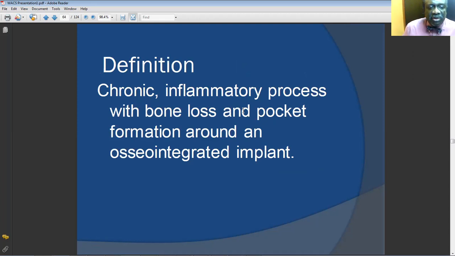The definition of peri-implantoclasia or peri-implantitis is a chronic inflammatory process with bone loss and pocket formation around an osseointegrated implant. Now, this definition says osseointegrated implant, but it can happen with an osseointegrating implant.